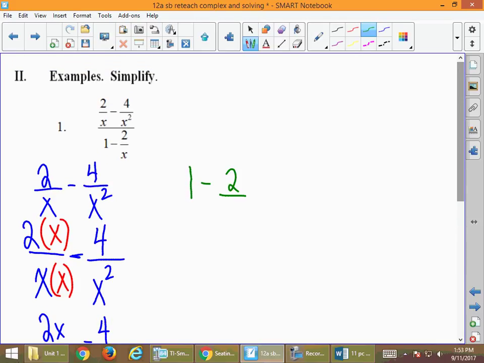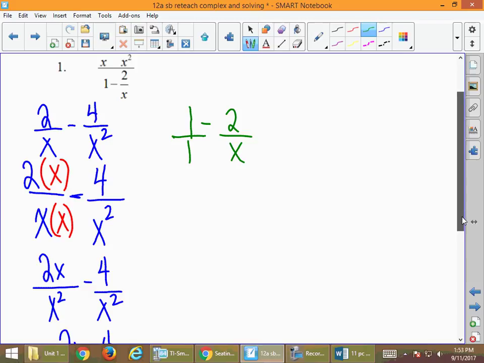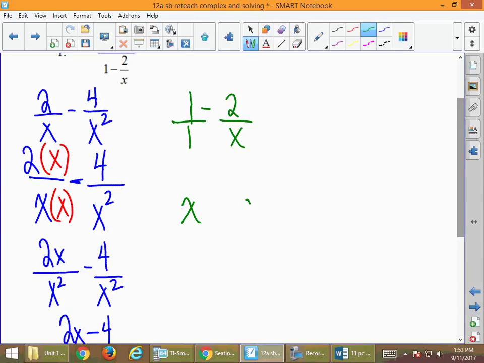1 minus 2 over x. And remember that 1 is the same thing as 1 over 1. What's the common denominator between 1 and x? X. Once again, it just so happens that that value there remains the same.